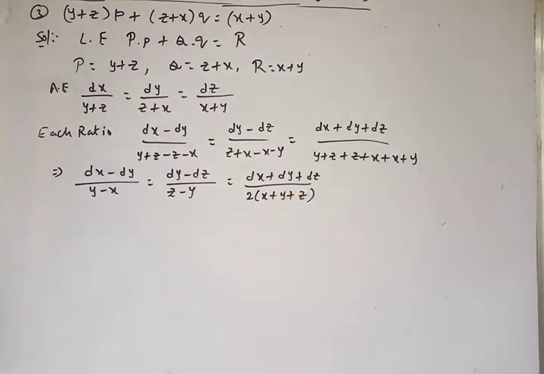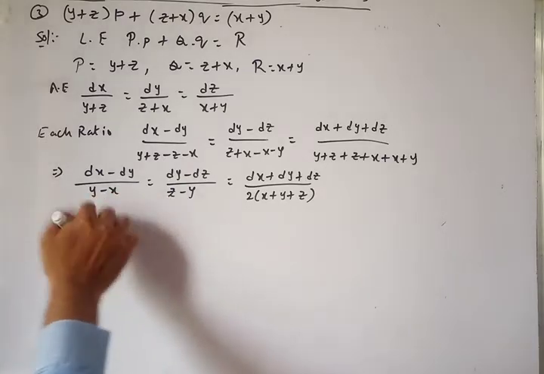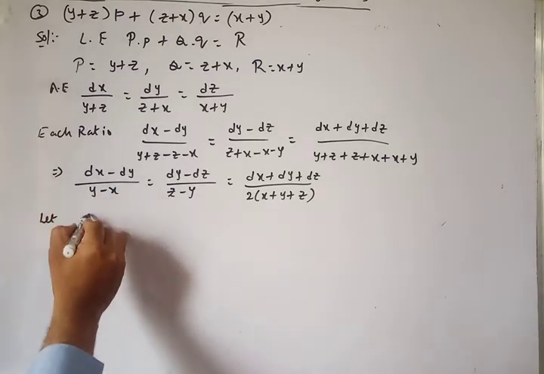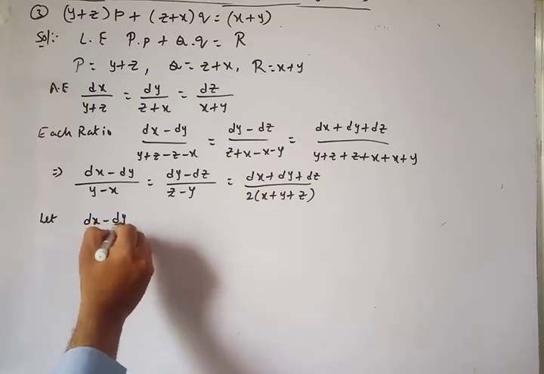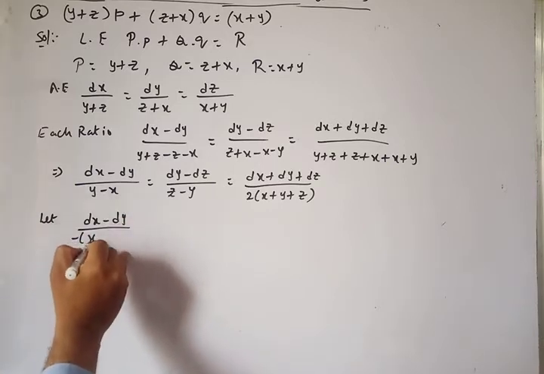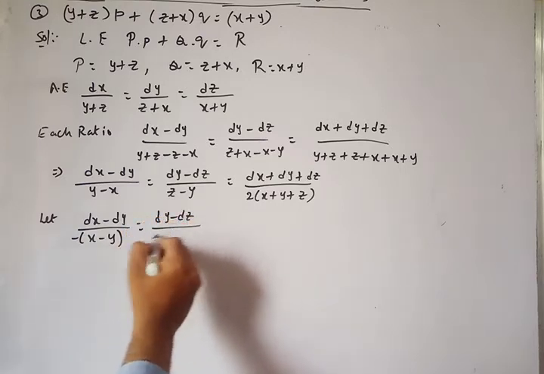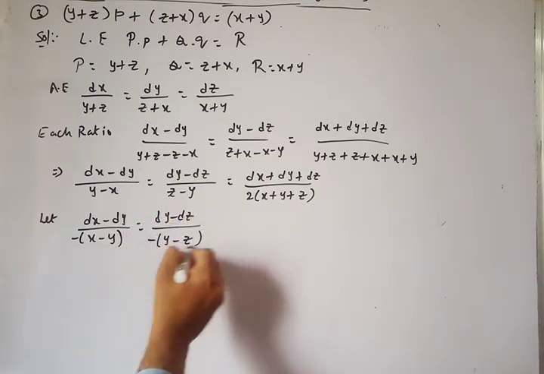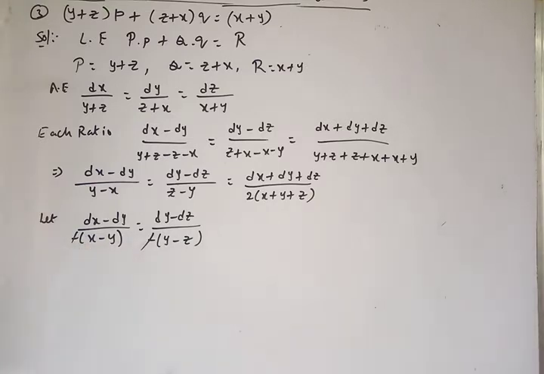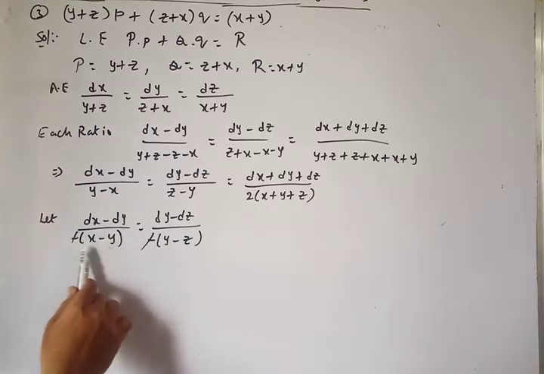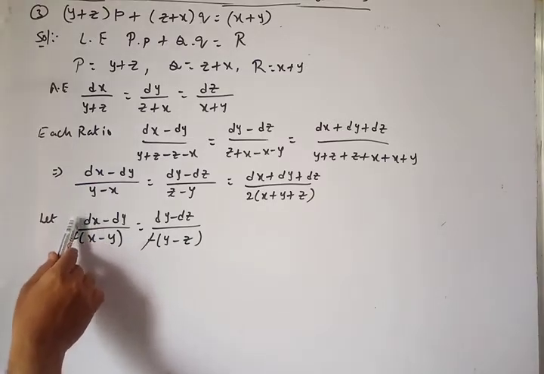Now to find c1 and c2, I am taking these two. If I take these two, dx minus dy by, take out minus common, x minus y, and dy minus dz by, take out minus common, y minus z. This minus got cancelled. So see here, if I take this as f of x, what is this one? f dash of x.